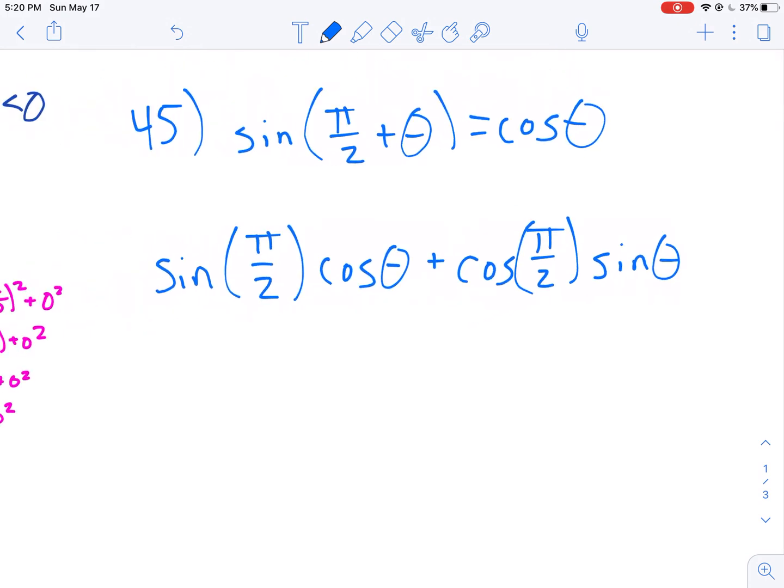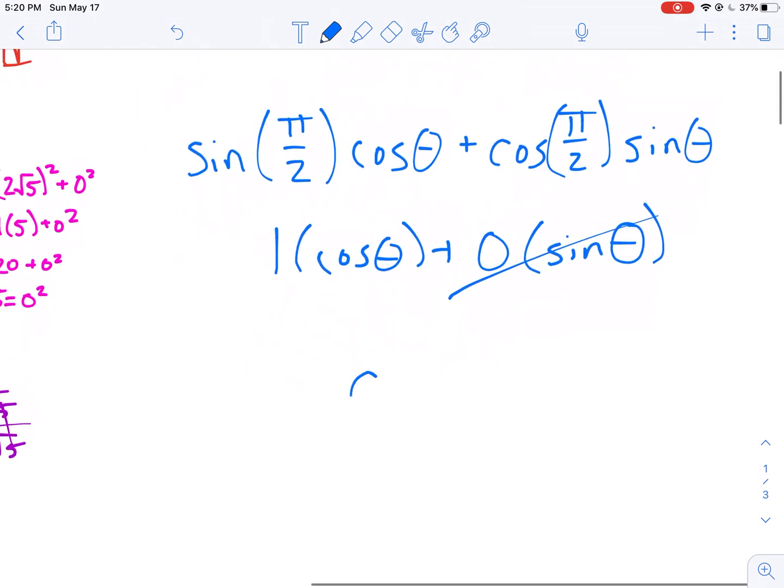And the sine of pi over 2 is 1 times the cosine of theta plus the cosine of pi over 2 is 0 times the sine of theta. That goes away. That's just the cosine of theta, and the cosine of theta is equal to the cosine of theta. That checks out.